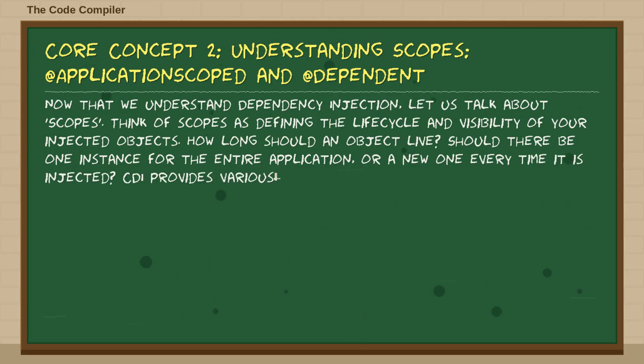CDI provides various scopes to manage this. Two very common ones for beginners are @ApplicationScoped and @Dependent. @ApplicationScoped means that there will be only one single instance of that class throughout the entire application's lifecycle. It is like a global resource that everyone shares.